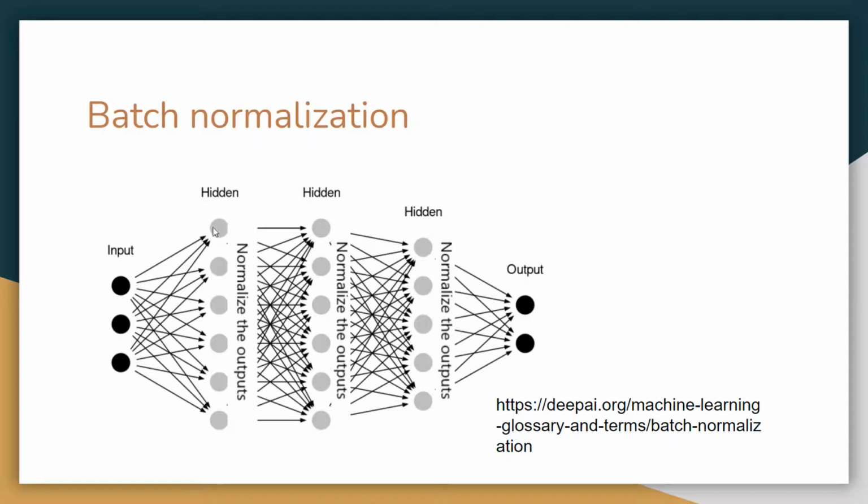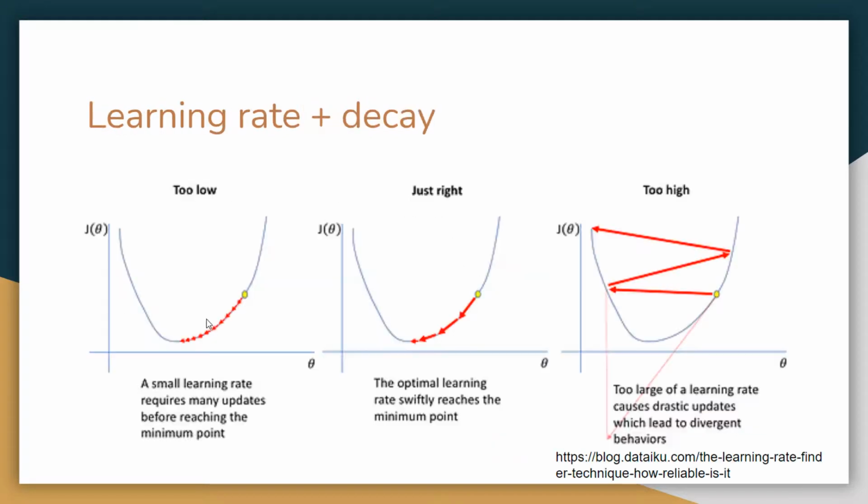So if we standardize the input data, why not standardize also the different outputs from the hidden layers? That is what batch normalization does. It standardizes the data, and this has been shown to improve the convergence for CNNs and neural networks.